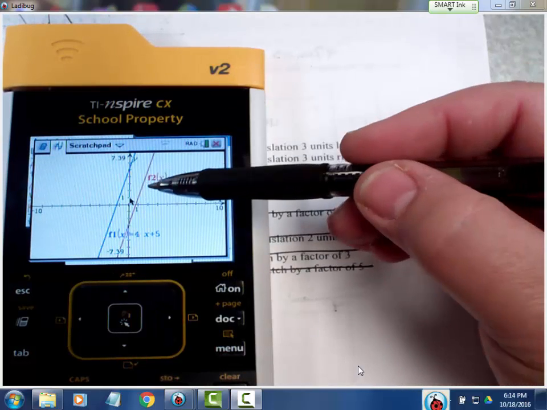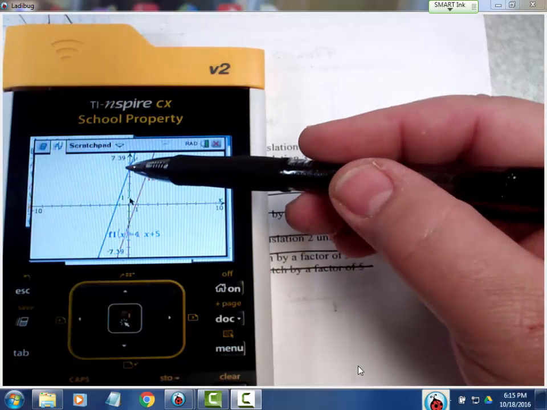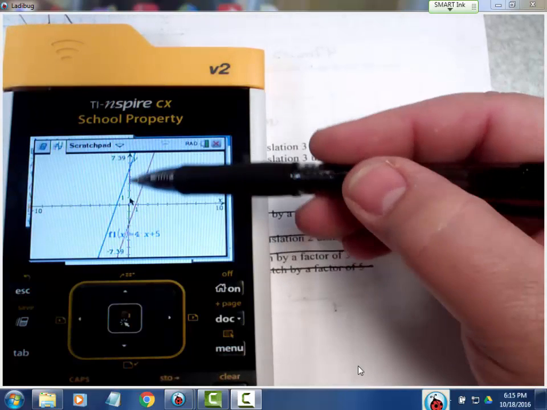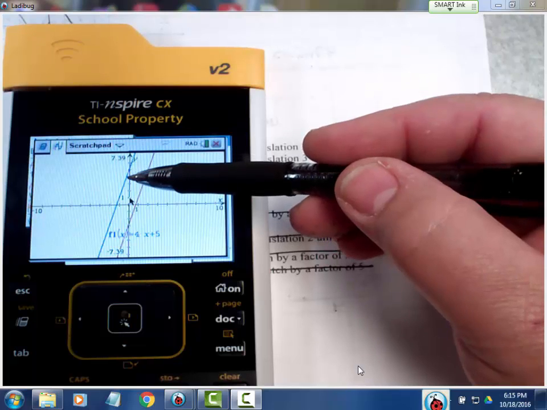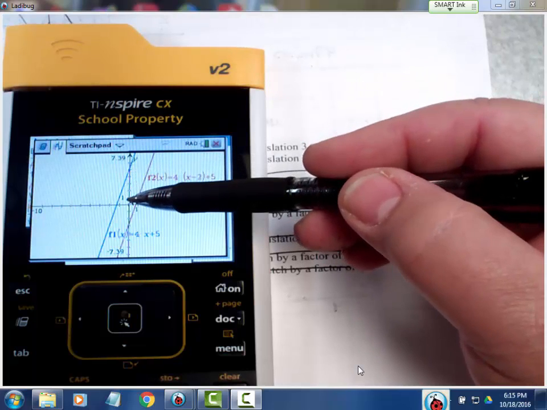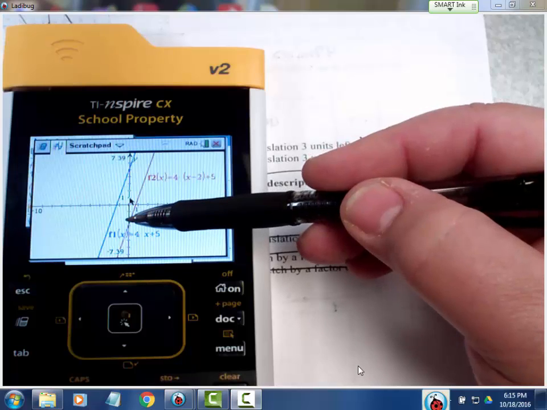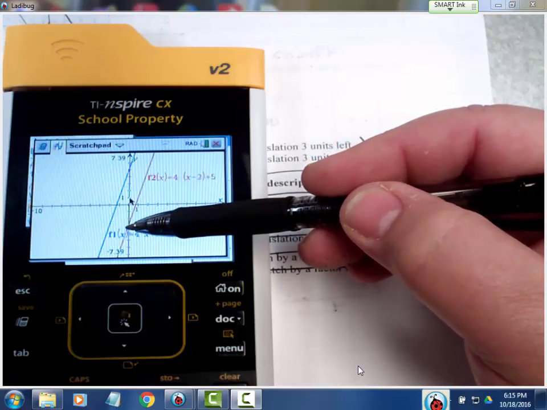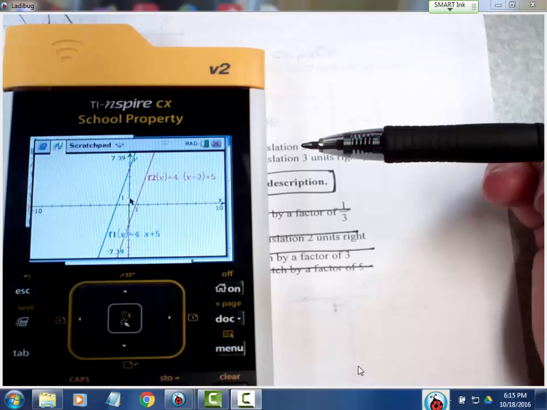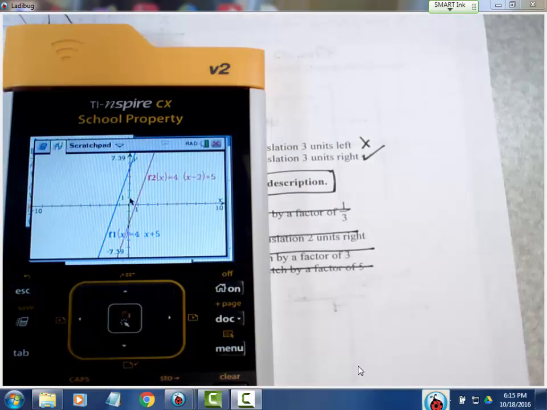The y-intercept actually is lower, so I could say this shifted down 1, 2, 3, 4, 5, 6, 7, 8. It's like 8 units. Okay, so we say it shifted down 8 units. We could say the slope or the y-intercept decreased.